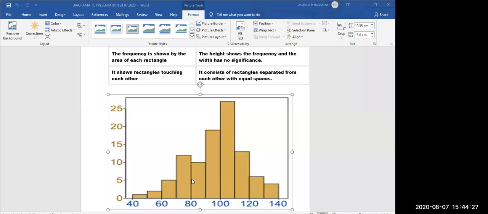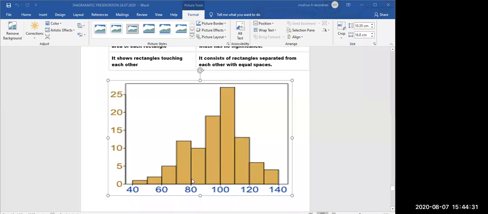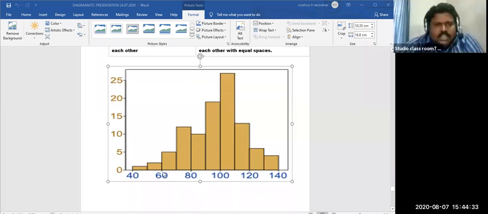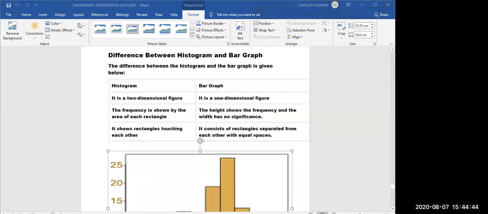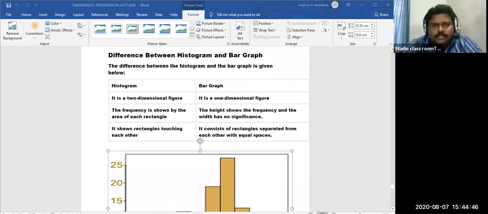Next one, it shows rectangles touching each other. So there is no gap between two bars. In the case of a bar diagram, see here, an example of a simple bar diagram.